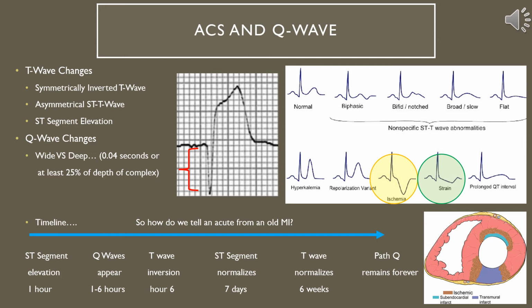So I have here on the screen a little ST elevated finding, and you can see under that red area that deflection is about half of the whole QRS complex, so it's definitely meeting that at least 25% depth criteria.